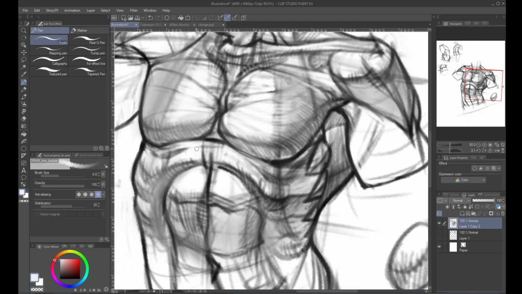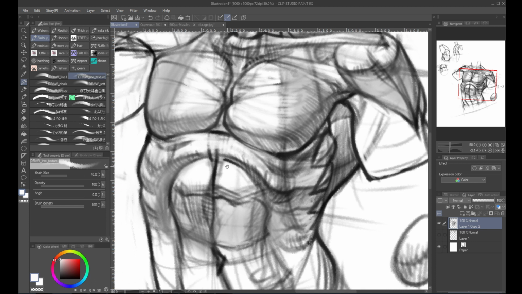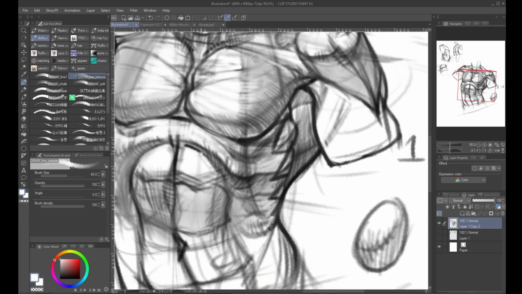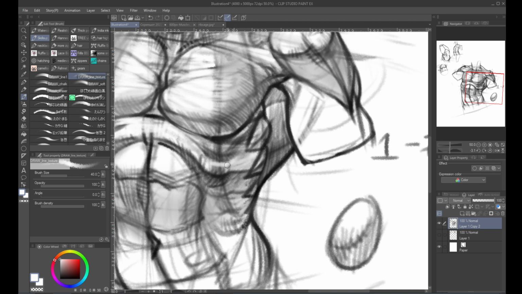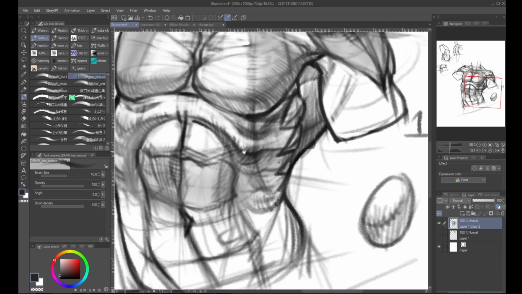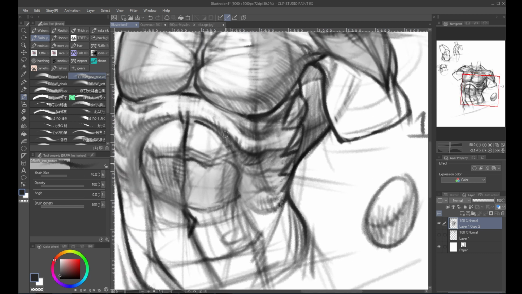Now we will be mostly defining the ribcage and the abs, because they're definitely not worked on enough. First I'll start by adding a little bit of light to the lighted side, so to the front side. And let's work on the abdominal muscles a little bit.